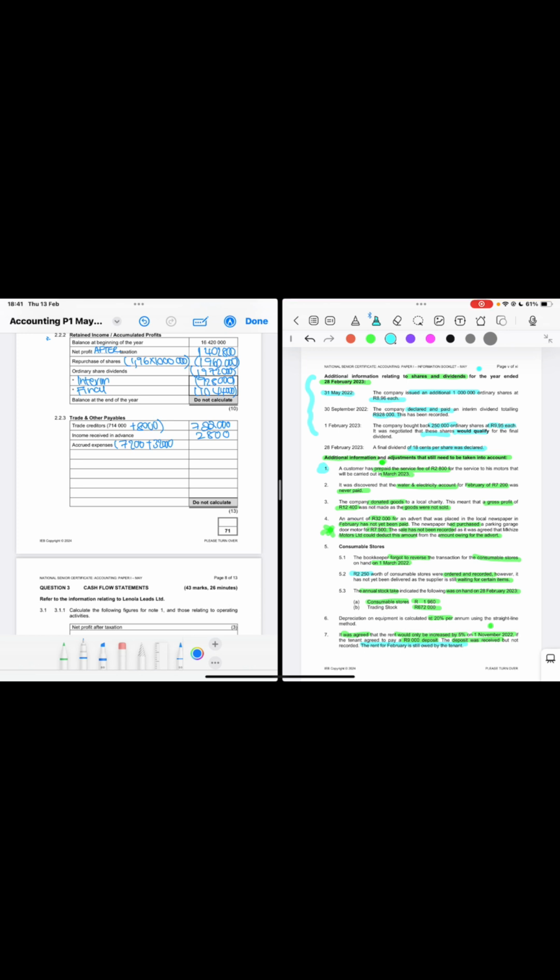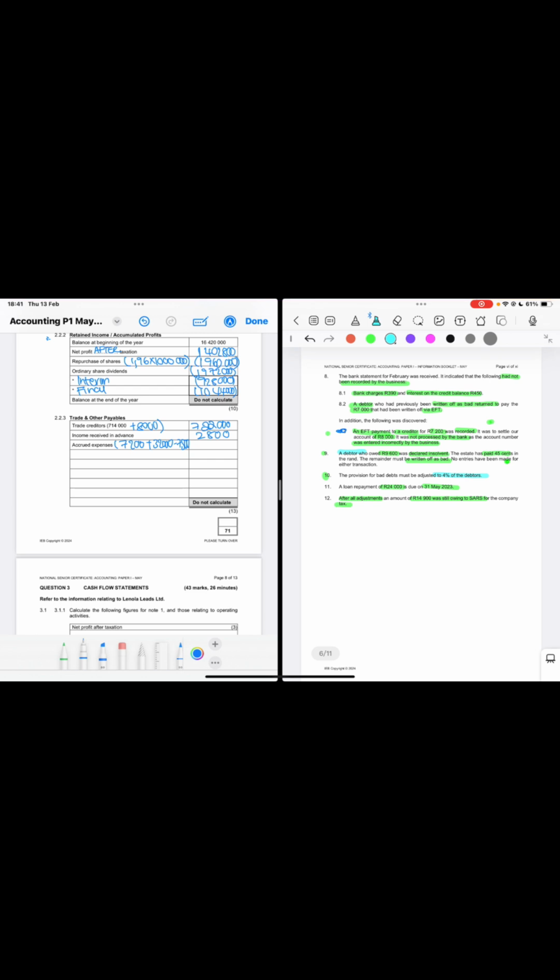And off that 32,000, remember we had to deduct the 7.5 for the sale. So minus 7.5. Okay, so those are all your accrued expenses. So you'll have 7,200 plus the 32,000 minus 7,500, and that will give you 31,700.